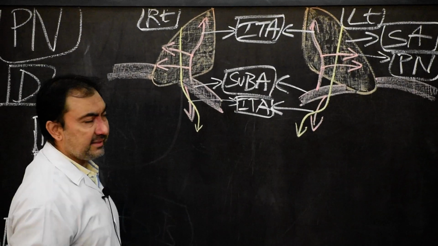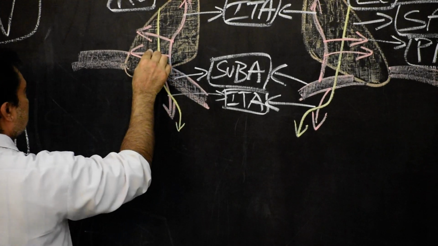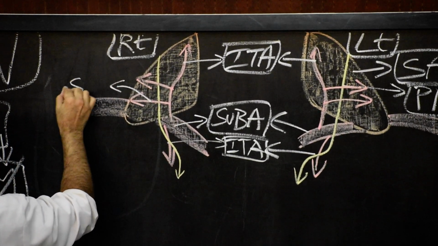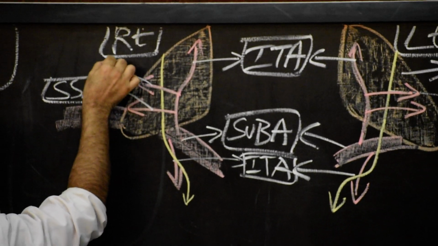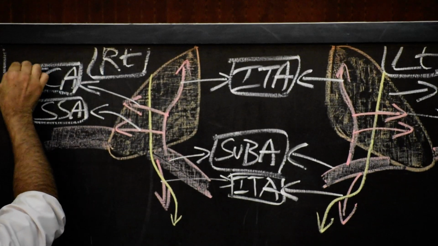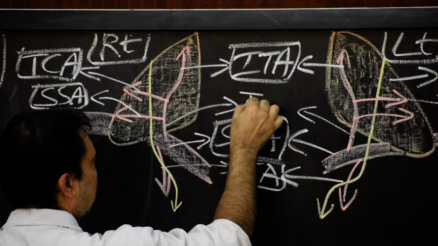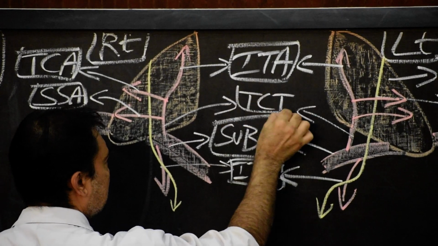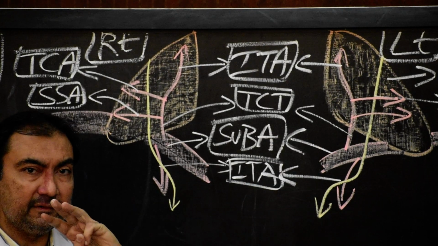Here we shall name this as the suprascapular artery, and this artery as the transverse cervical artery. So from the thyrocervical trunk, which is a branch of the subclavian artery, there will be three arteries.